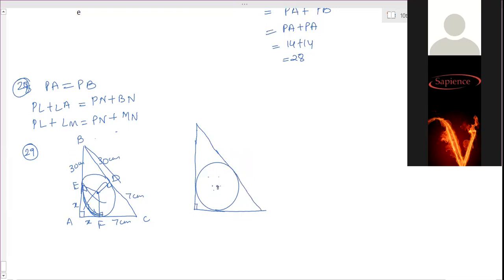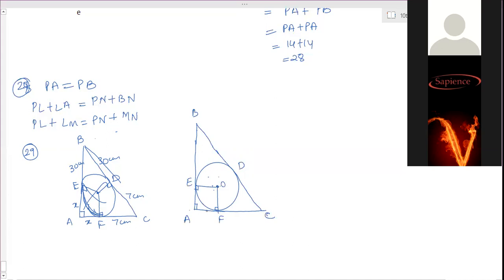This is 90 from the center. This is 90. This is 90. A, F, C, B, D, E. Now here O, E, A, F, all are 90. All angles are 90.